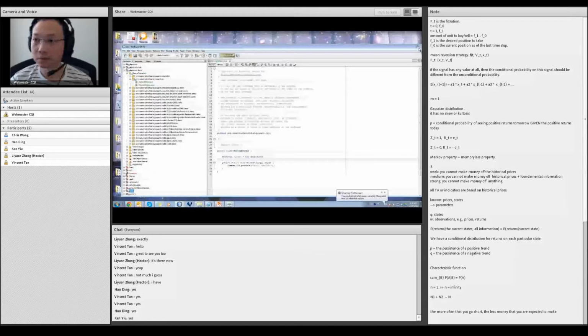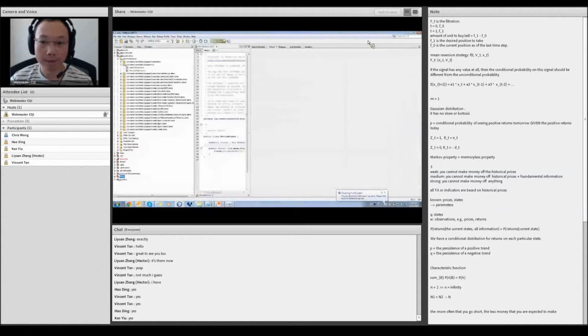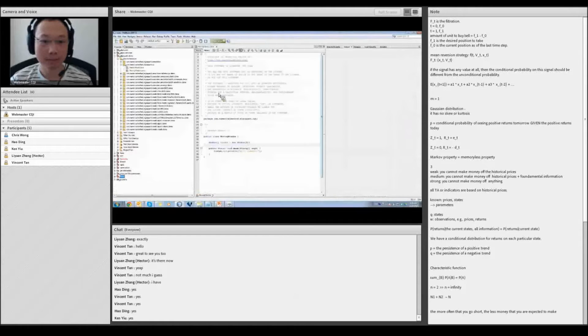If you installed your algo quant properly, you will probably see something like this. You see algo quant demo. Is everybody able to do that? Oh, that's great. So everybody has your lab beans launched.